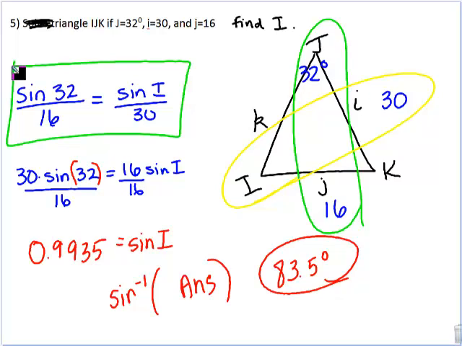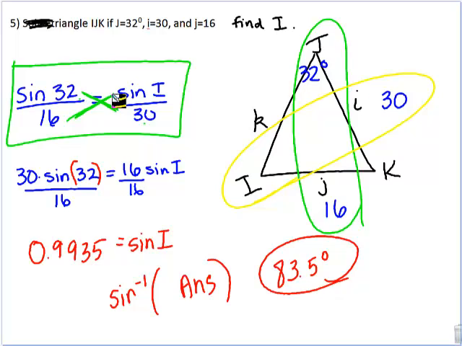So once we have this step, we just have to cross multiply. So here, you would take your 30 times the sine of 32, and make that equal to 16 times the sine of I. And then you have to get your variable alone.